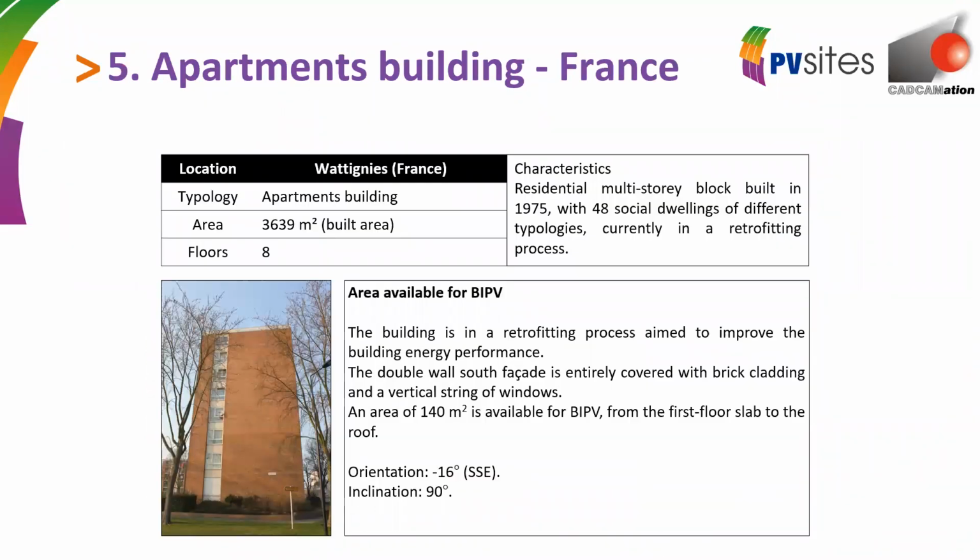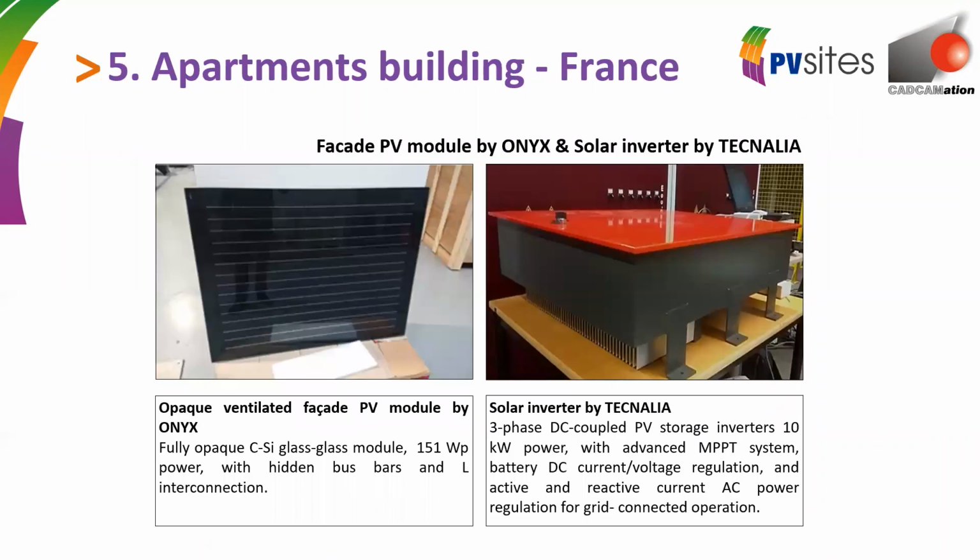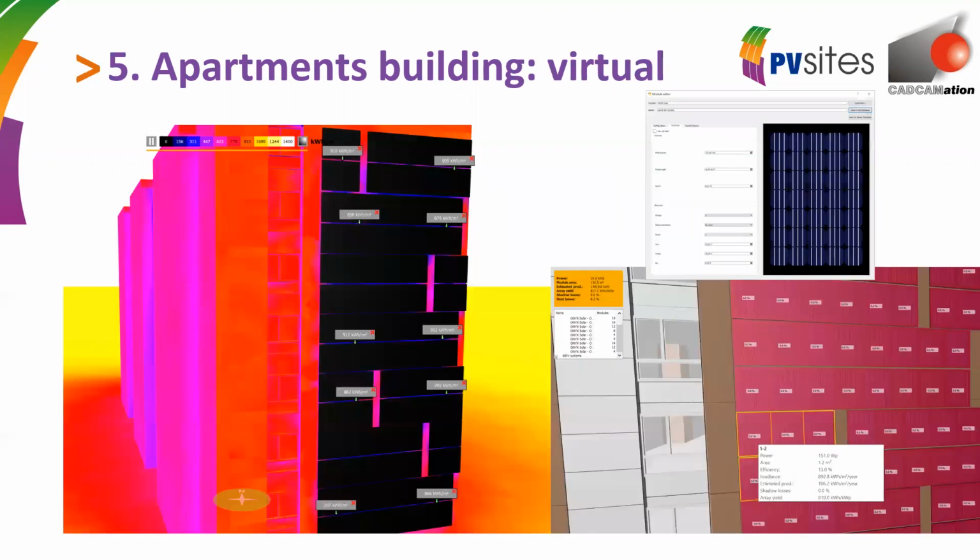A special case, of course, with a renovation of a facade in France, in Wattignies, using Tecnalia inverter. So we did the full simulation. We left holes, as you can see, between modules, because we didn't represent dummy models.